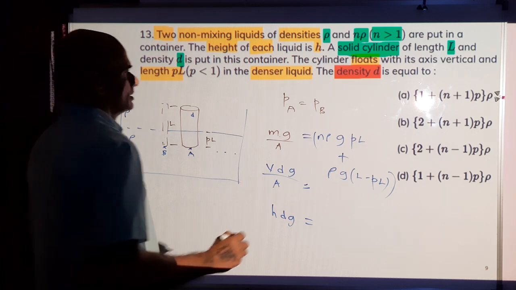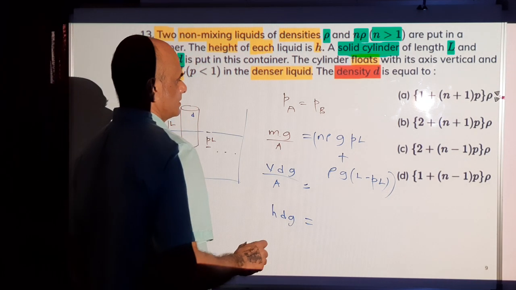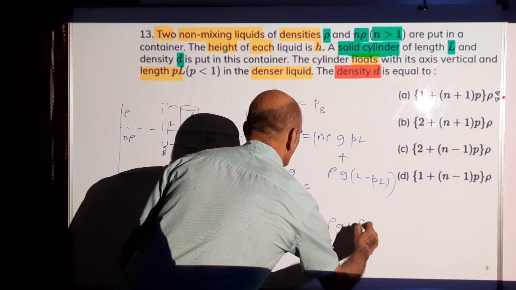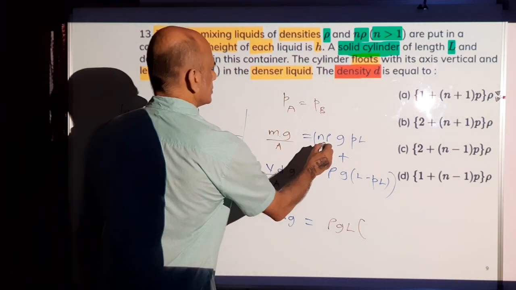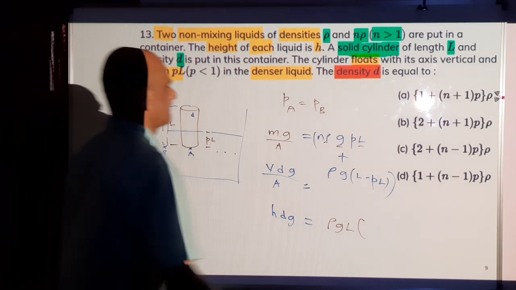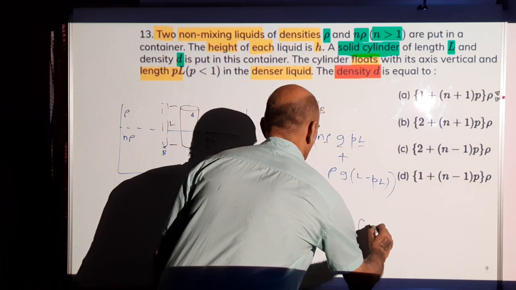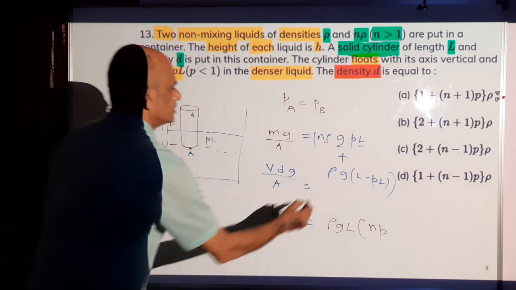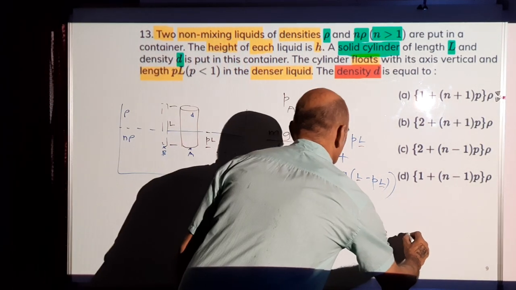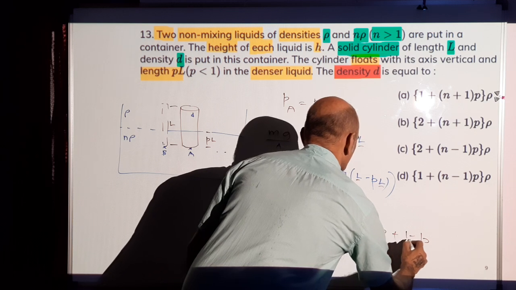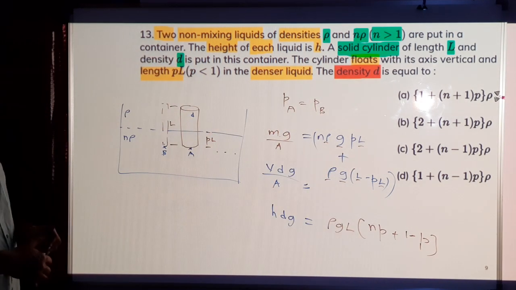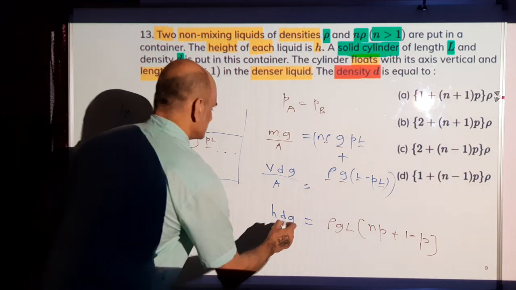So rho G L will come out. Rho G L into NP plus 1 minus P. G can be cancelled.